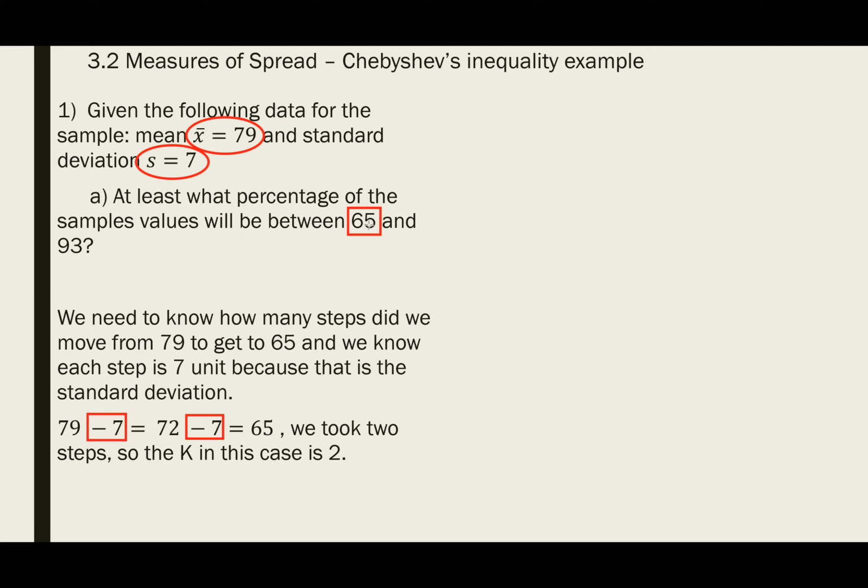So how many steps did it take from 79 to 65? In this case, we took 2 steps, which means my k is equal to 2. And if you remember the previous slide, if k is equal to 2, that will include roughly 75% of your data.